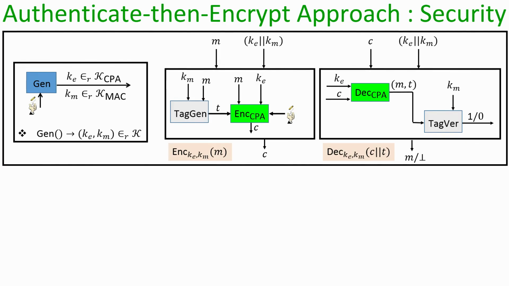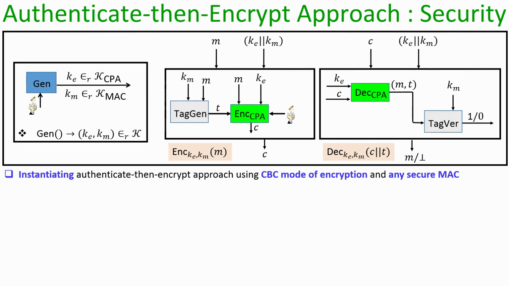Now let us come back to this Authenticate-then-Encrypt approach, and let us see how exactly the composed scheme that we obtain will look if we instantiate the underlying CPA secure scheme by the CBC mode of encryption and take any MAC instantiation which is secure.